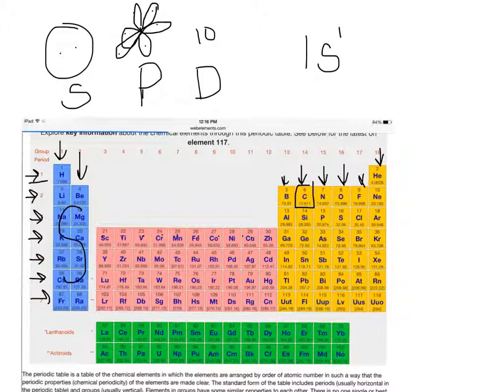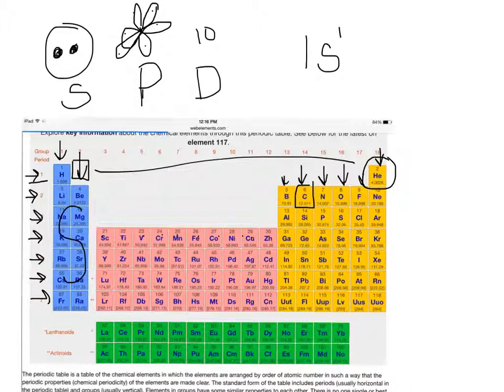But we want to keep going because we're not to carbon yet. So helium, for this exercise, we're going to imagine helium is over here in this empty block. So helium is still on the first energy level. It's still in the S block, but now it's the second one over. And remember I told you that each S can hold 2 electrons per energy level?